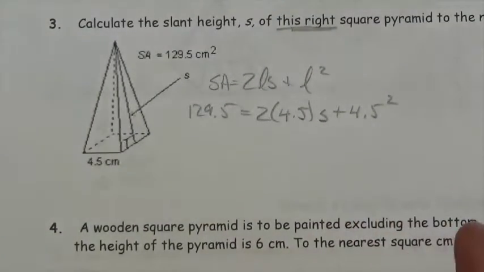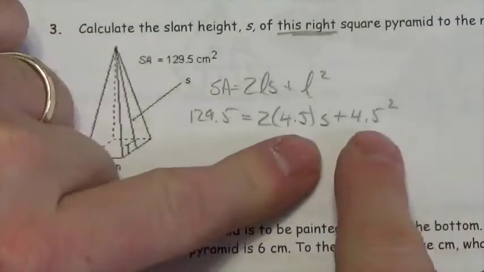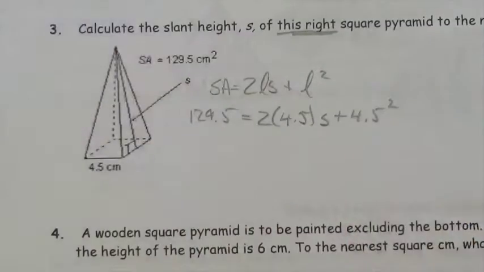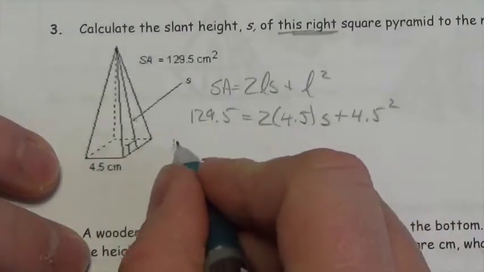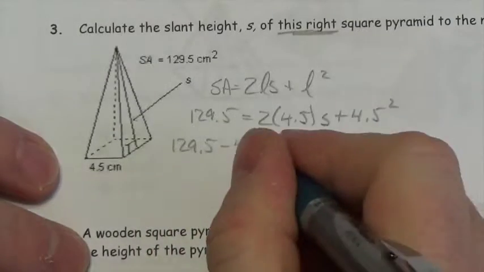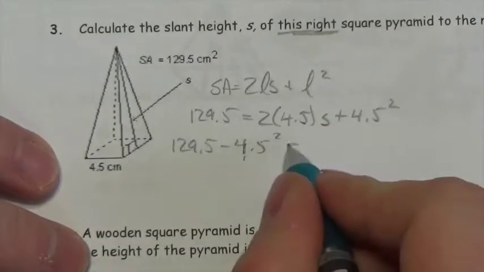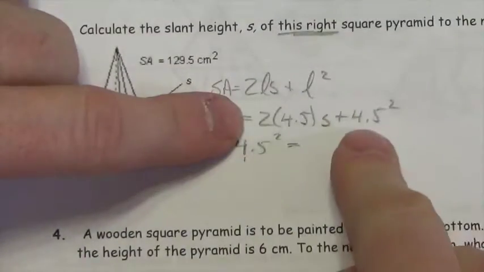Now this is really just about understanding order of operations more than anything else here. So I've got two terms on the right-hand side. I need to get the one with the s in it by itself because I want to isolate the s. So I'm going to subtract the 4.5 squared from both sides, 129.5 minus 4.5 squared.